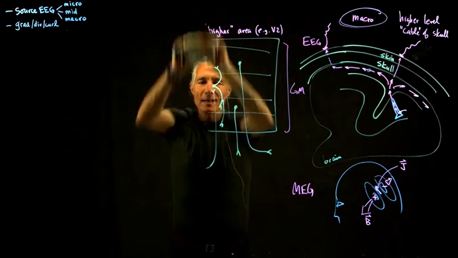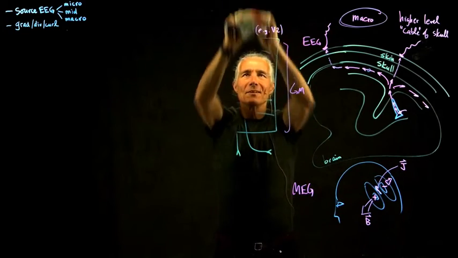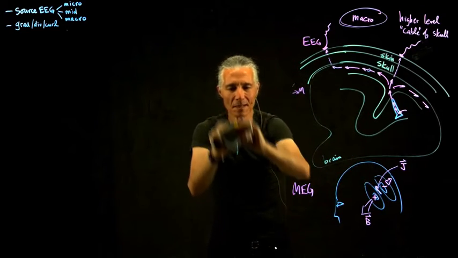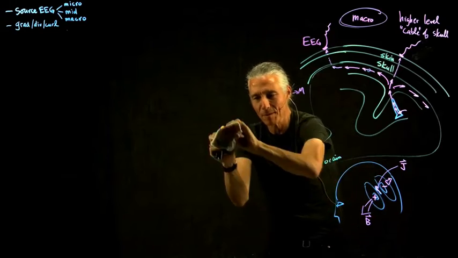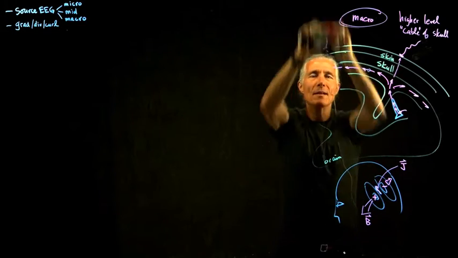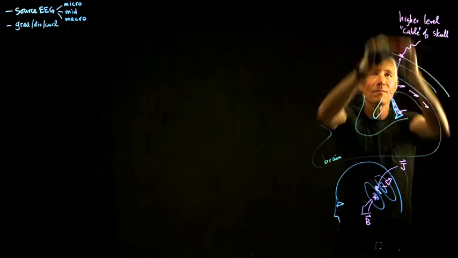But in order to understand the current source density, we have to do grad, div, curl. Div, or divergence, is going to be important for understanding the current source density, and curl is going to be important for understanding how we would calculate the magnetic fields.